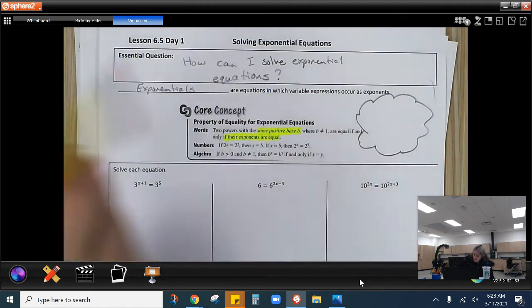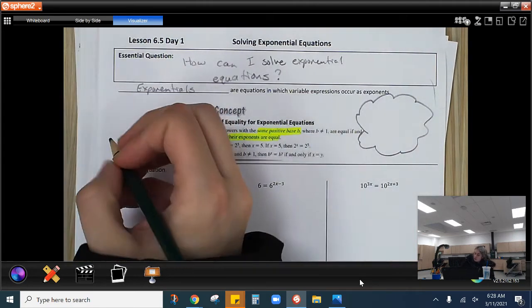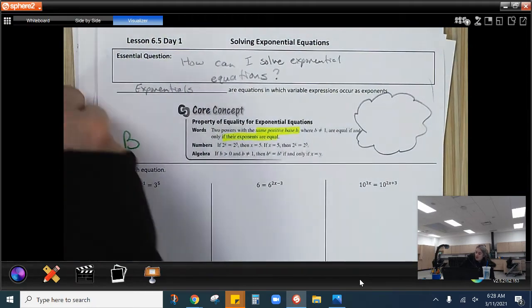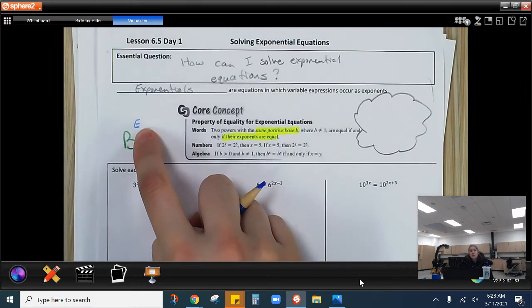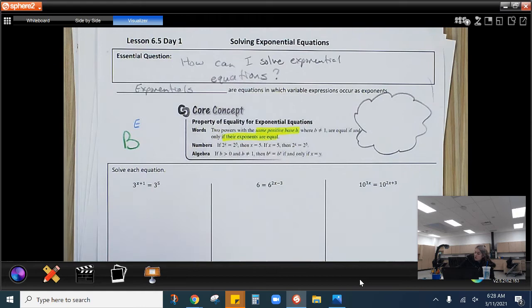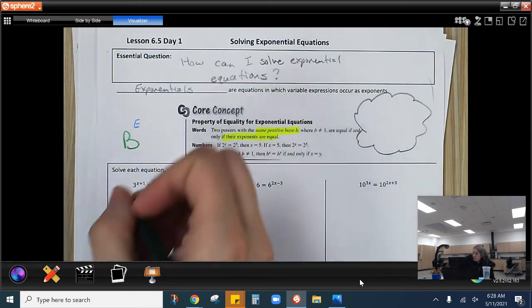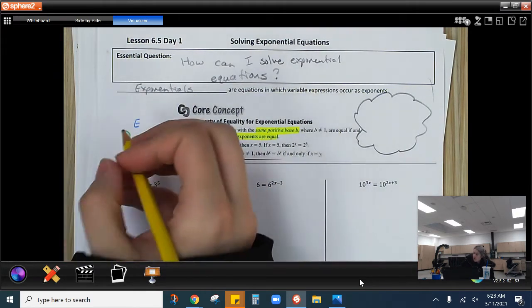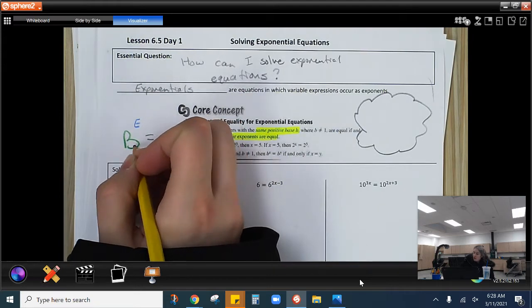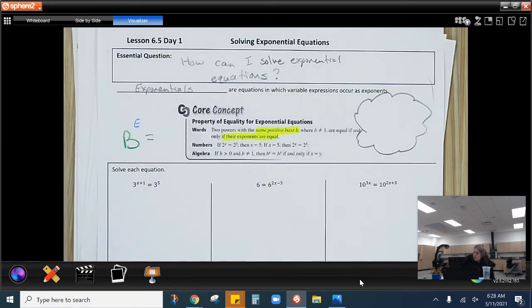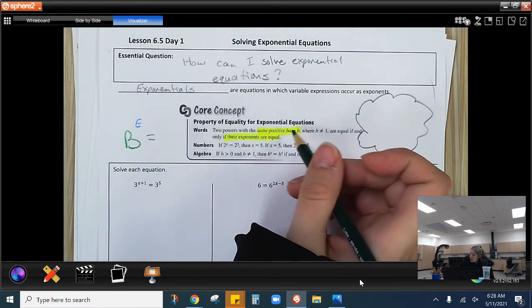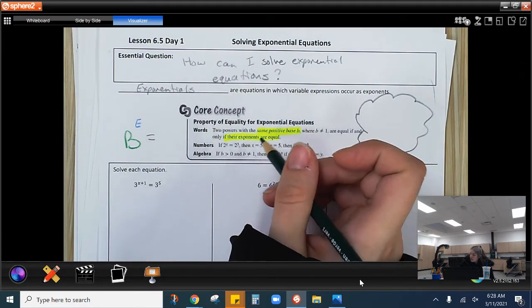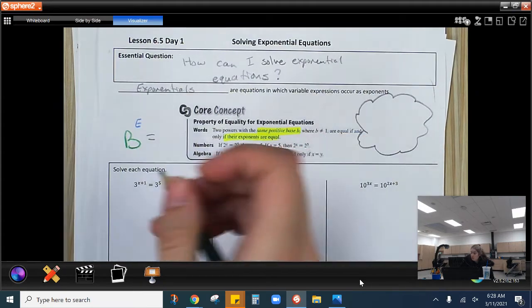Now remember, exponential equations have a base and they have an exponent. The exponent is going to be where the x is for an exponential. So when we want to solve an exponential, it's really important to know that if they have the same positive base, their exponents have to be equal.